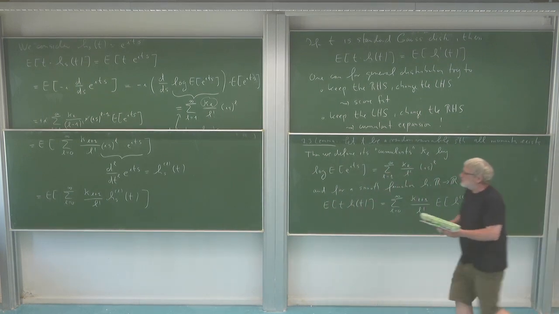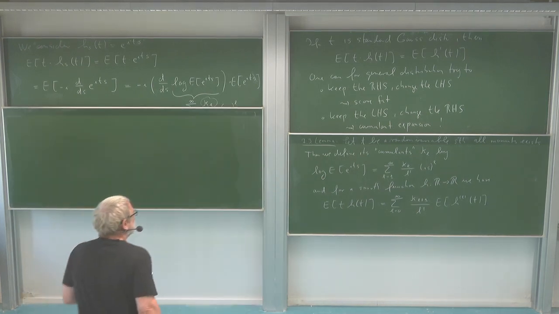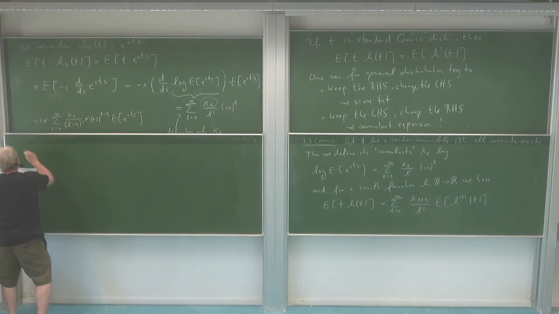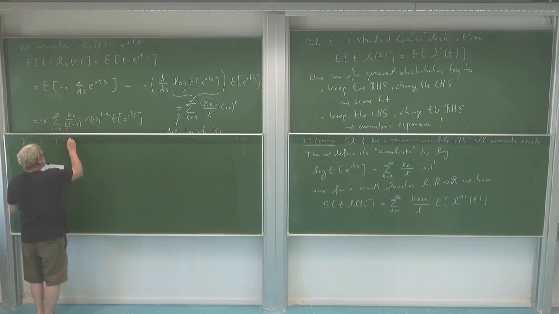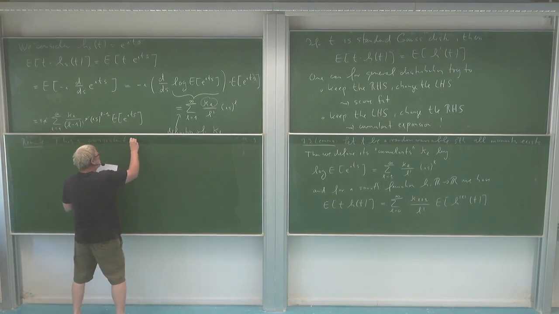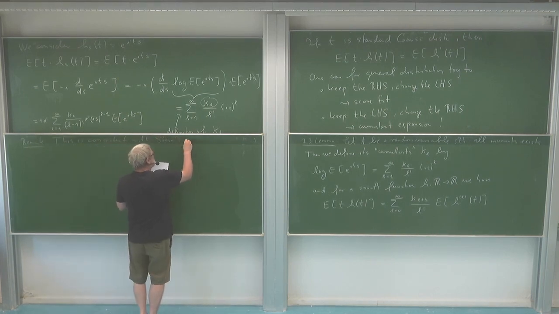It's good to think about this. So the remark is that this is really consistent with what we already know in the Gaussian case, consistent with Stein's identity.